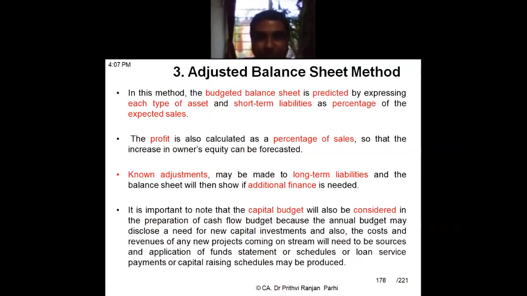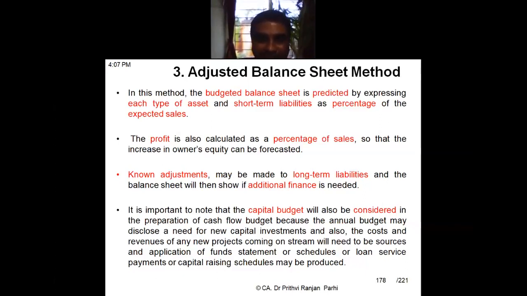Then the adjusted balance sheet method. Here, a budgeted balance sheet is predicted for each item, the assets and current liabilities, as a percentage of expected sales. Suppose we know the sales. From the sales, let us assume 20% will become debtors. So 20% will be debtors, which means 80% of sales money will be collected.